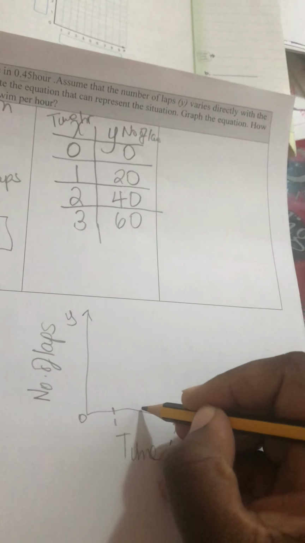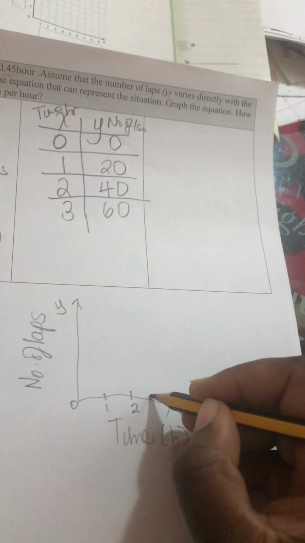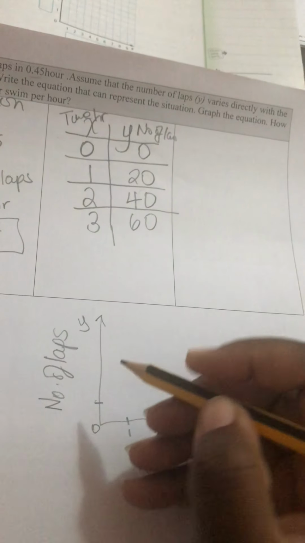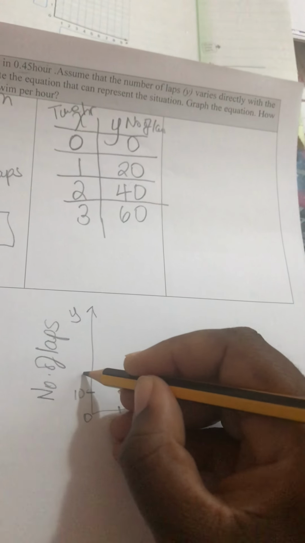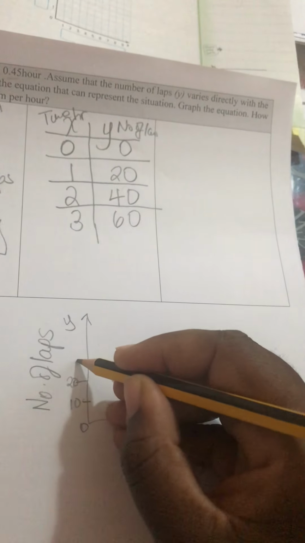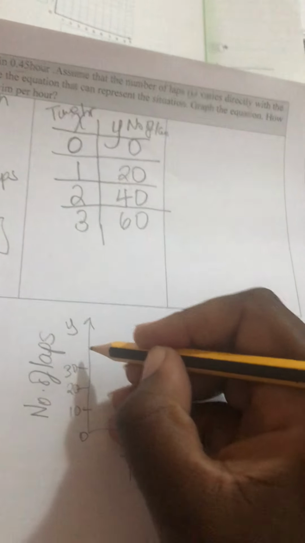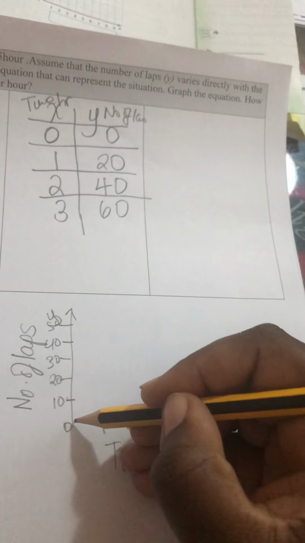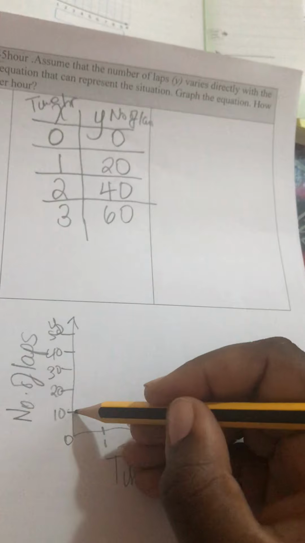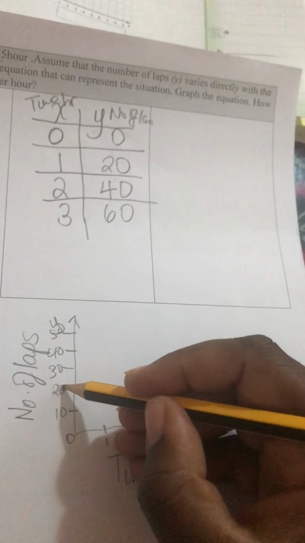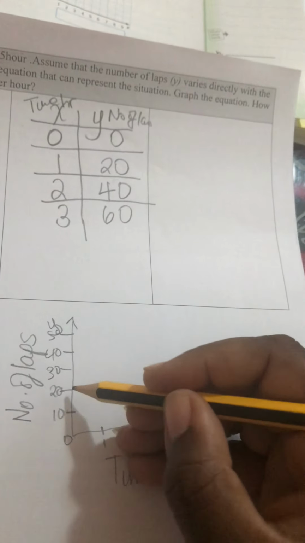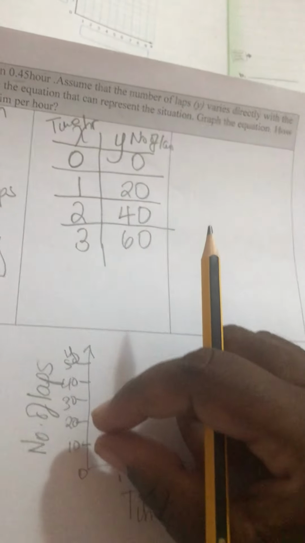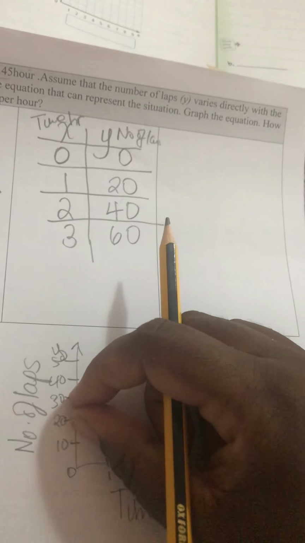So then I come to my graph. This will be 1. This will be 2. This will be 3. And then this will be 0, 10, 20, 30, 40, 50. Look at my scale. 0, 10. If I wrote 20 here, this should be 40. You go by the same unit rate. So since I wrote 0 to here is 10, I am saying every box is 10.